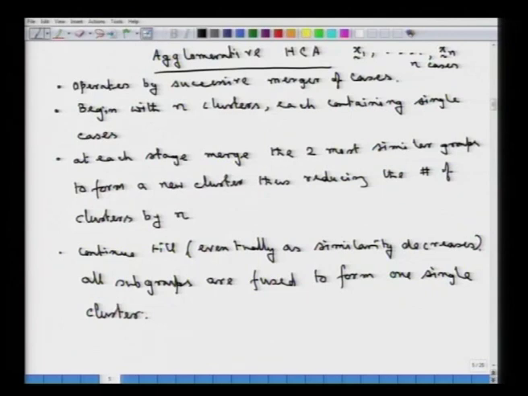So, start with n such clusters, go on merging them. The algorithm for merging and finding out the steps associated, we will see in the algorithmic formulation. So, this is how an agglomerative hierarchical clustering method is going to be implemented.